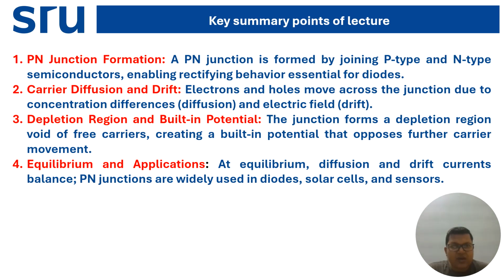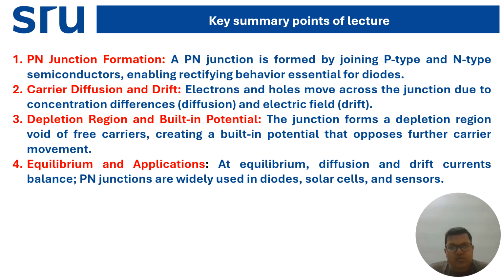Okay. So far whatever we discussed, if we can summarize: the PN junction formation. A PN junction is formed by joining p-type and n-type semiconductors, enabling rectifying behavior essential for diodes. Next point we understood, the carrier diffusion and drift.